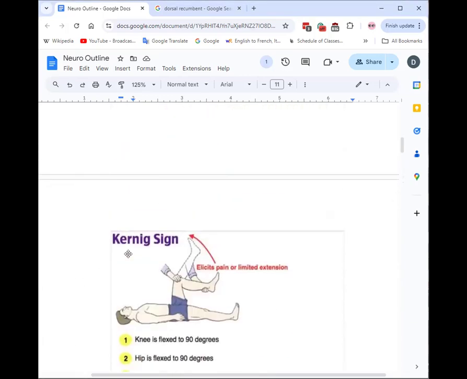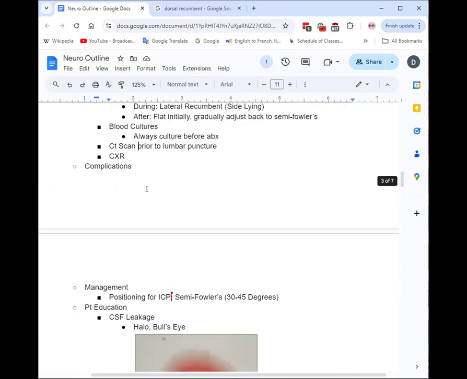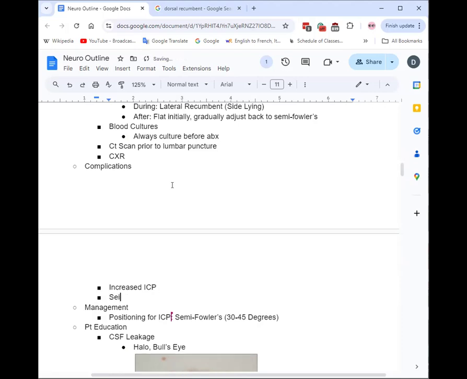So, that should be good enough for that. So complications, this one's a little vague, so I'll just say increased ICP, seizures, because with anything going on with pressure in your brain, you can have seizures.